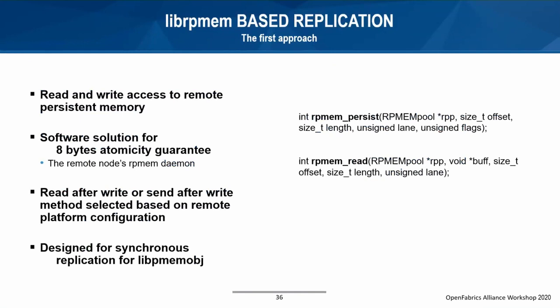And with a very simple API, with almost two calls, rpmem_persist and rpmem_read, we are able to cover all the complexity of the RDMA protocol and all these different options that we have to support, depending on the platform configuration. So this is our first approach. Yeah, we have two calls, one for reading, one for writing remote persistent memory. Please, next slide.